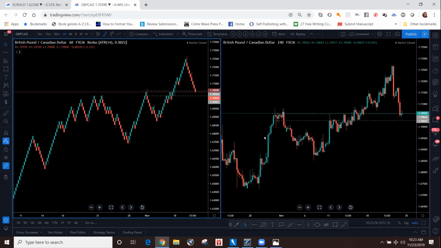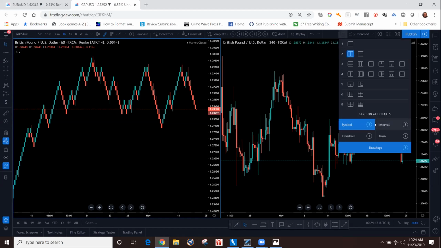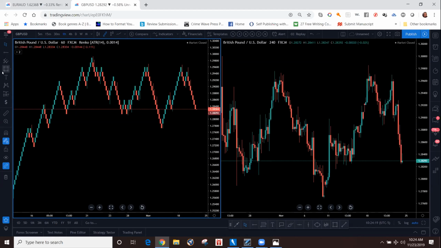Let's see. Gigi, you said under sync symbols, you selected to sync the time. Because before, I would have to go put it on each, but since somebody asked me about that, I was able to highlight it. See, I learned something from the class today. Down here, you click on what you want to sync. I had clicked to sync my drawings because when I draw on here, I wanted it to show up on both charts.